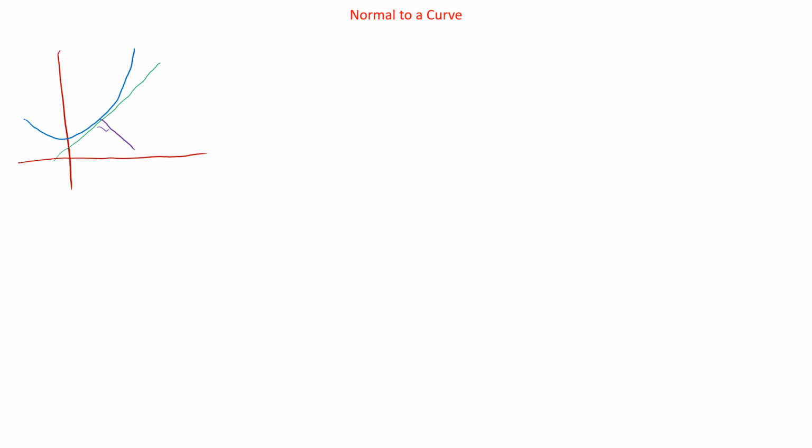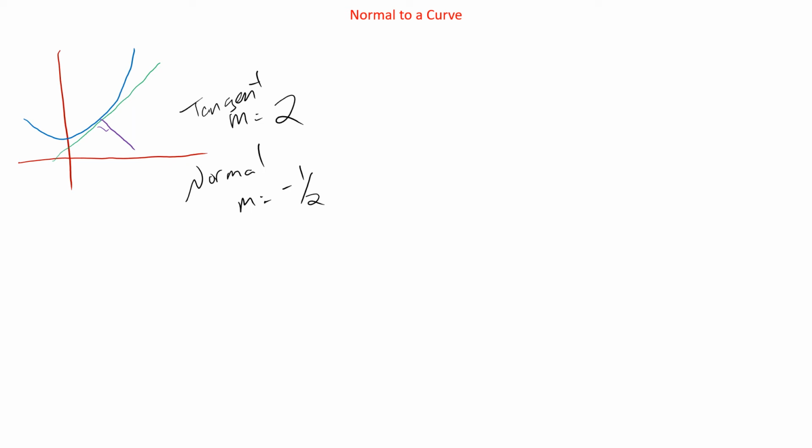And finding it is easy because we know how to find the slope of a perpendicular line. If the slope of the tangent line that we found was 2, remember, the slope of the normal line, so let's say this is tangent, and this is normal, would be -1/2, right? The perpendicular line, it's the opposite reciprocal.